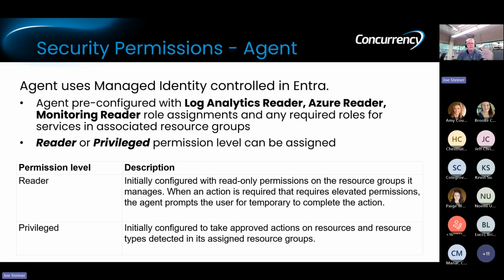The reader or privileged permission level at the front end will generally dictate this: if I'm read only, I'm going to have to prompt every time I want to take a further action. With privileged, it'll say, you can go ahead and do what you need to within those things you have the ability to do.